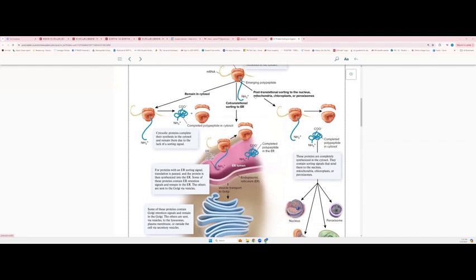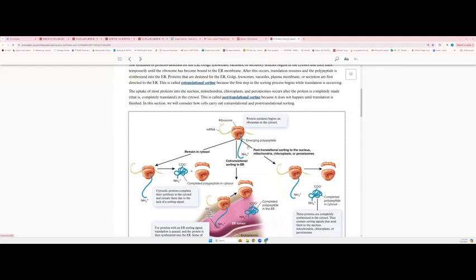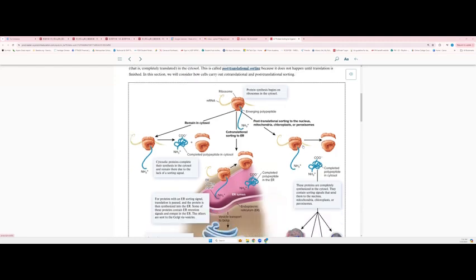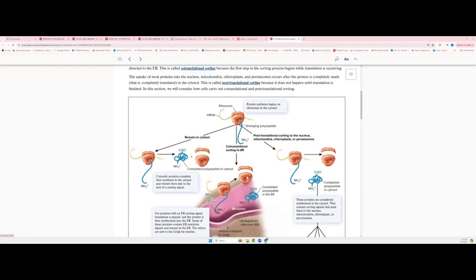Okay, this is another type called post-translational sorting. What is post-translational sorting? The uptake of most proteins into the nucleus, mitochondria, chloroplast, and other organelles occurs after the protein is completely made in the cytosol. The difference between this type and the previous type is that there the protein is synthesized at the ER.